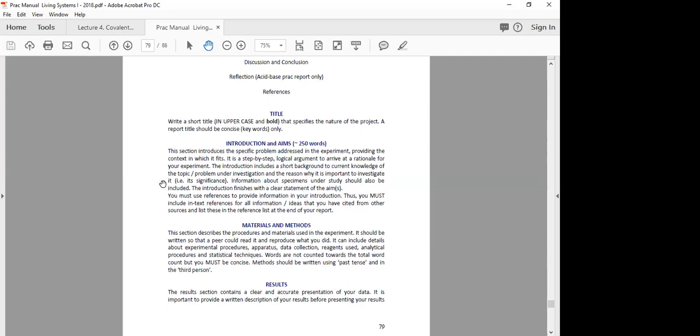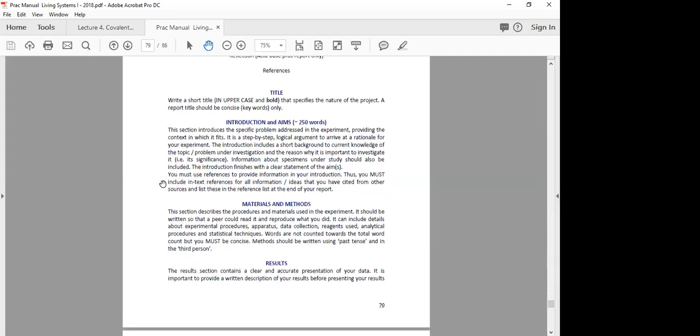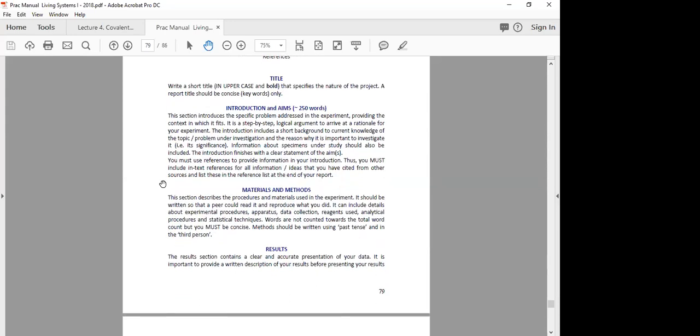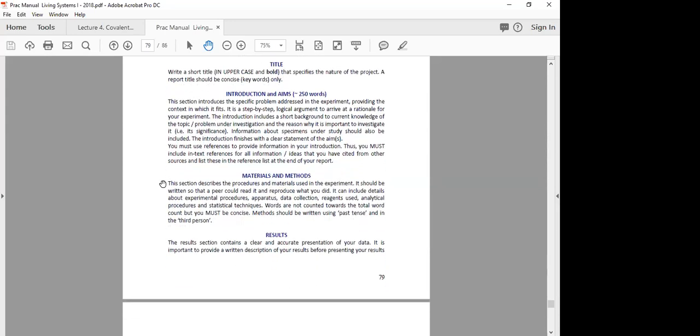Other lecturers might say the only references that I want to see are references to scientific journal articles. So always clarify that with your individual lecturers in different subjects. As I said, I don't mind which references you use as long as you're not directly referencing Wikipedia.